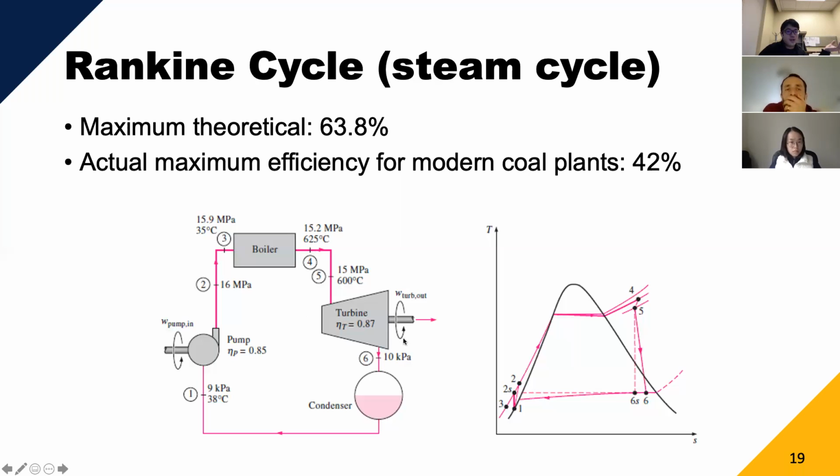The turbine spins, and that mechanical energy of the spinning is what powers your generator to produce electricity. The water comes out of the turbine in a lower energy form, right? The temperature and pressures are lower. It gets condensed back into water and then goes into a pump to move back through the boiler.